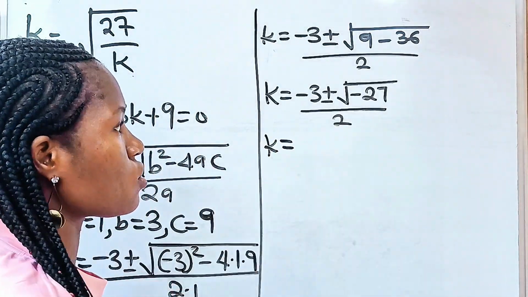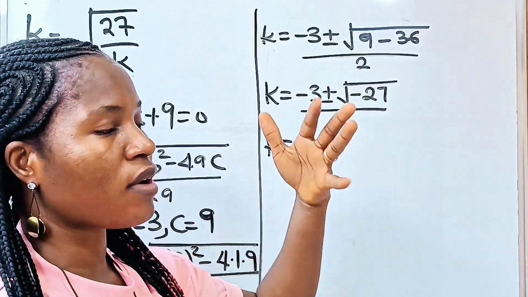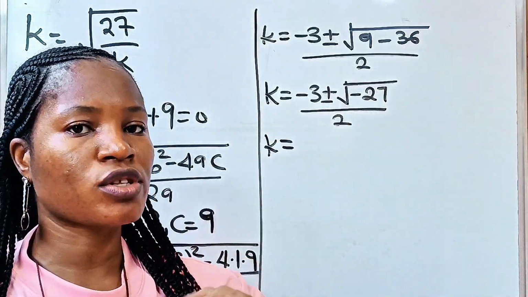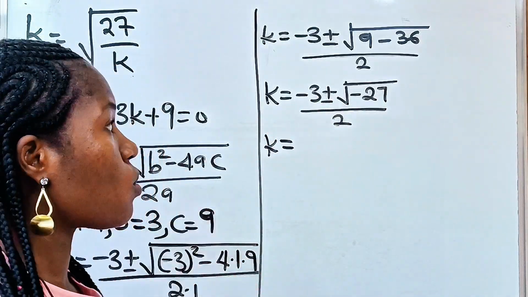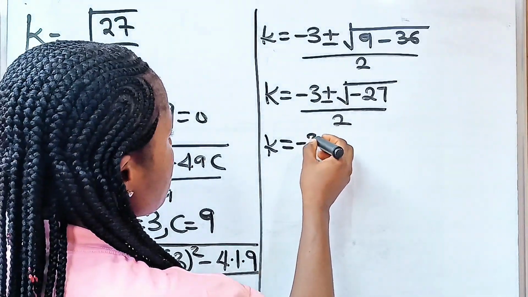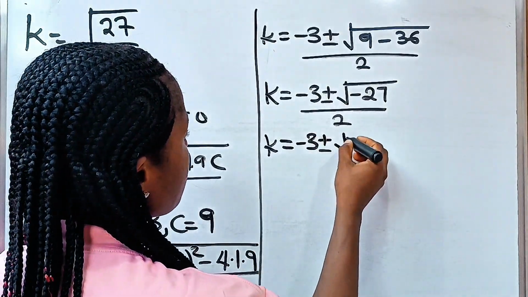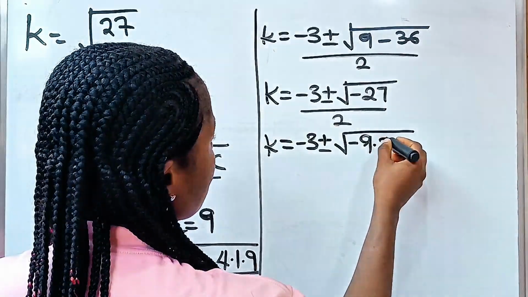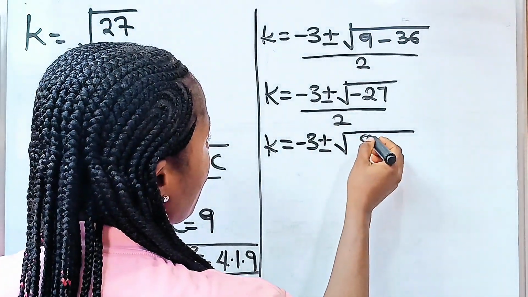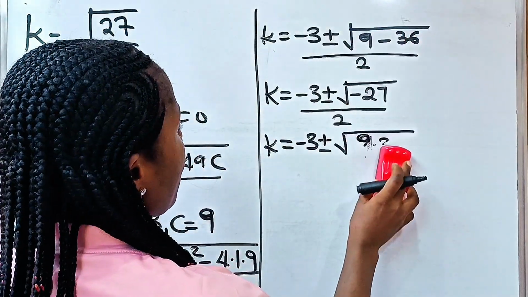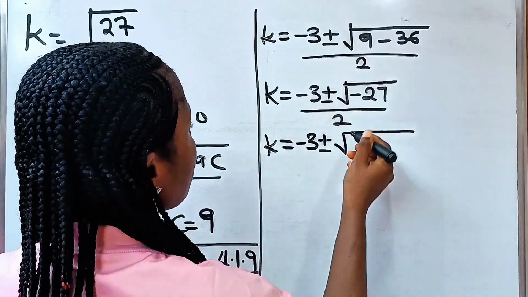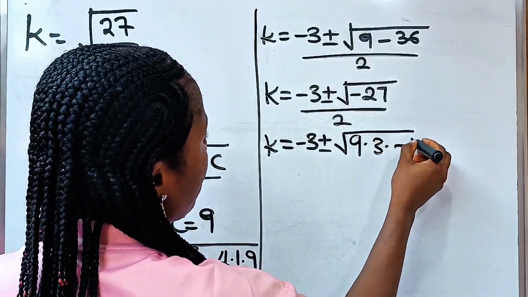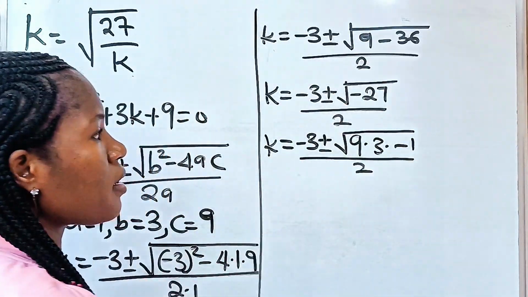Minus 27 can be expressed as 9 multiplied by 3 multiplied by minus 1, right? So we have minus 3 plus or minus square root of 9 multiplied by 3 multiplied by minus 1, everything divided by 2.